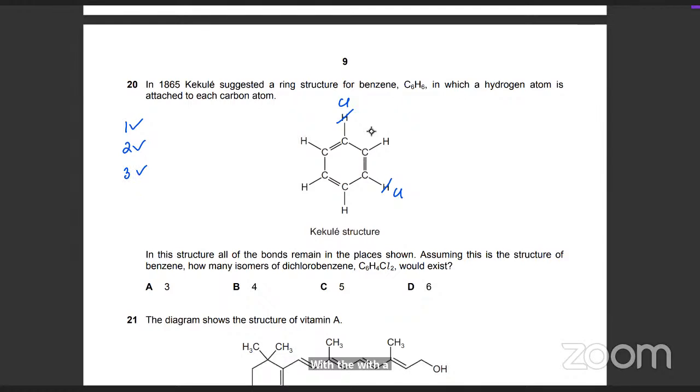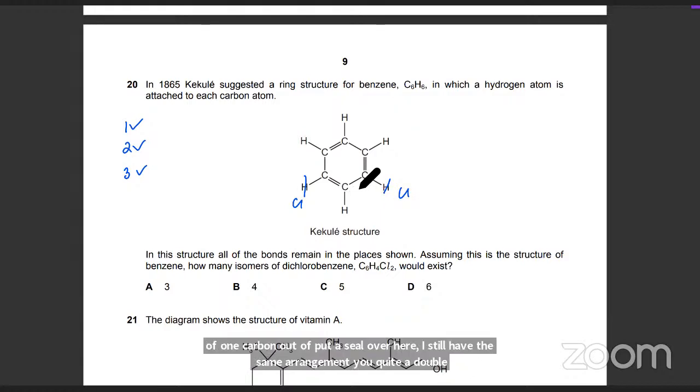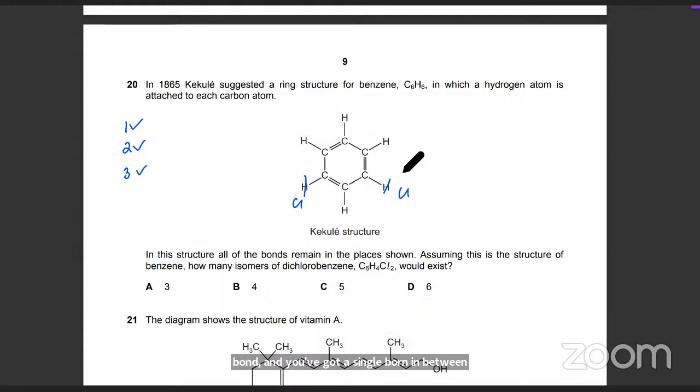But they won't have any variation. With a gap of 1 carbon atom, that's the only possibility, because wherever I put the Cls, I still have the same arrangement. You've got a double bond and a single bond in between. Right? Is that clear? Yes, sir.